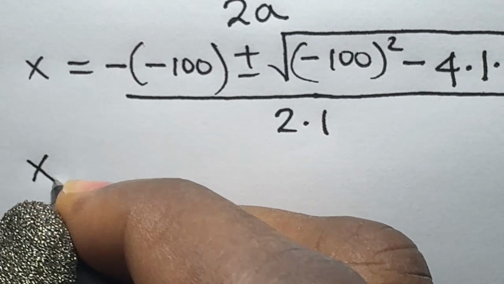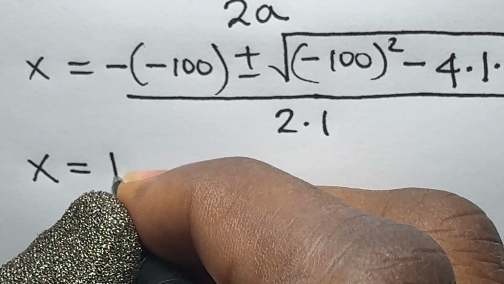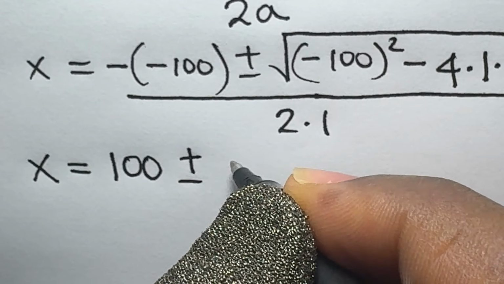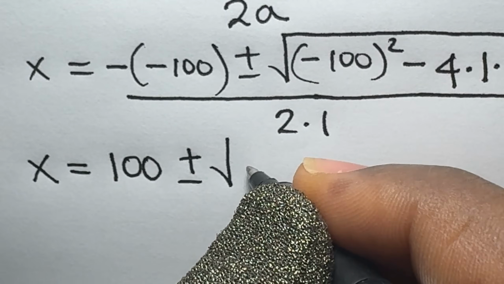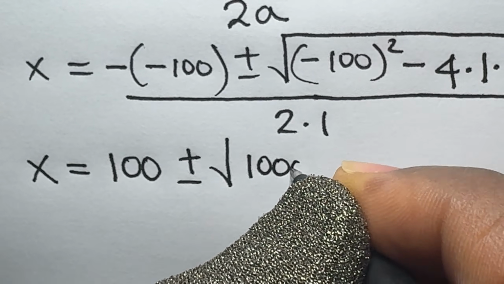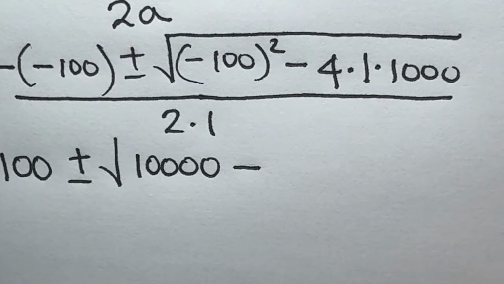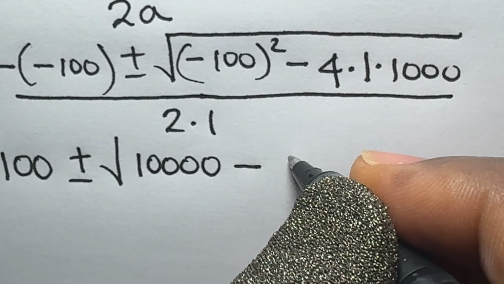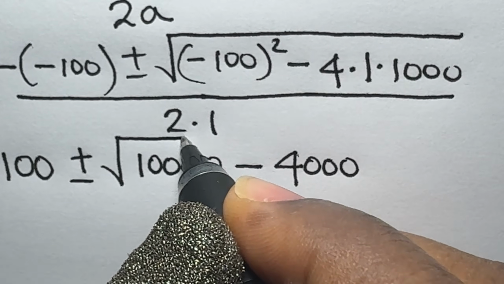Then this means x is equal to minus times minus is plus, so this is 100 plus or minus square root of negative 100 squared, which is still 100 squared. So this will give us 10,000. Then minus 4 times 1 is 4. 4 times 1000 will give us 4000. Then square root of that.